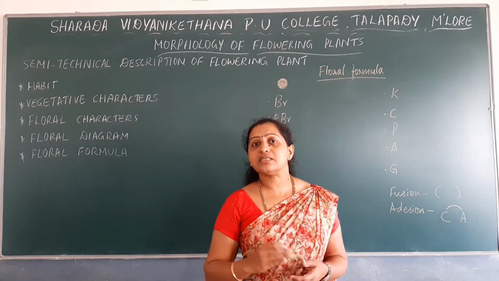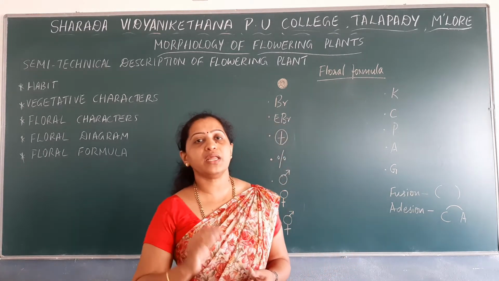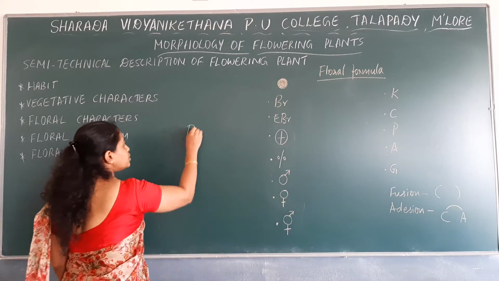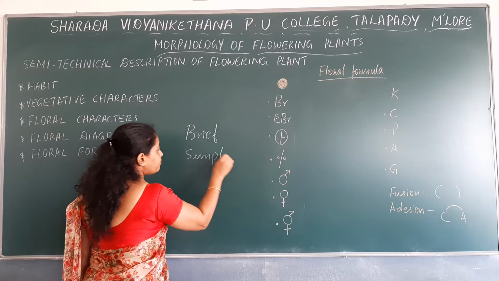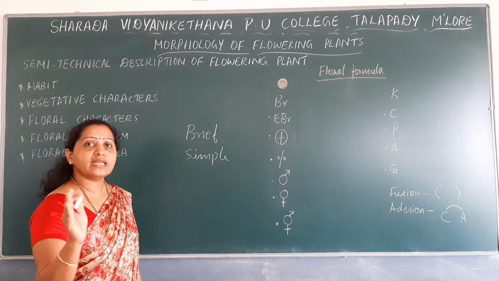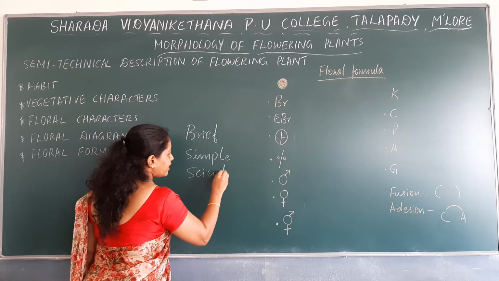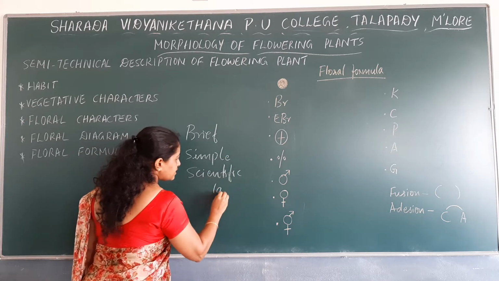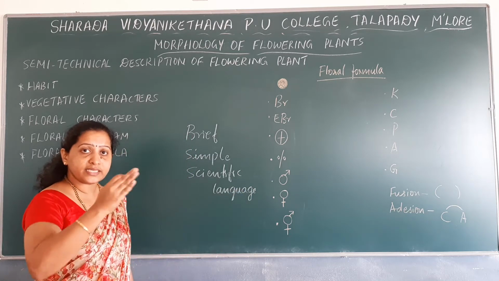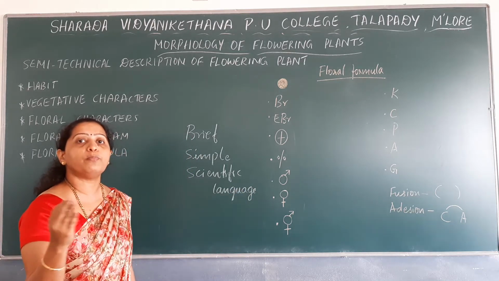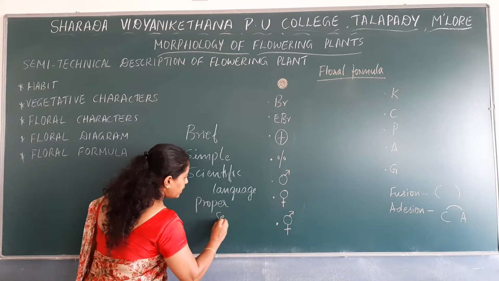Whenever we describe a flower, the description should be very brief and simple, and it should be given in scientific language. And the description has to be presented in a proper sequence.